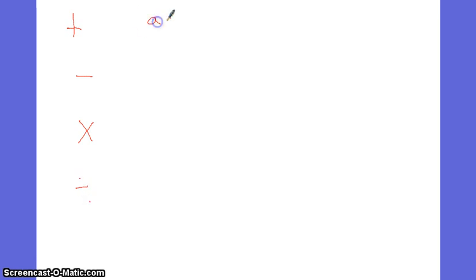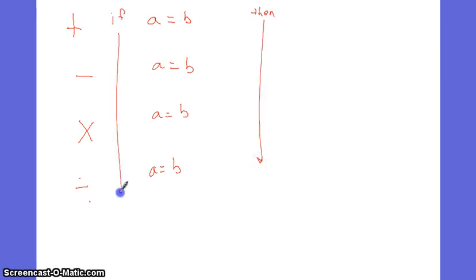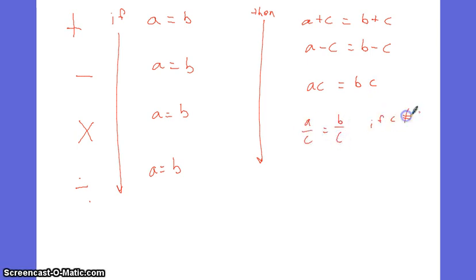And for all those rules, these should be in your journals, or your notebooks, if A equals B, then we could get this: A plus C equals B plus C, A minus C equals B minus C, A times C equals B times C, A divided by C equals B divided by C, if C is not 0.